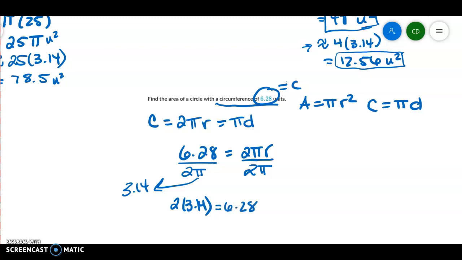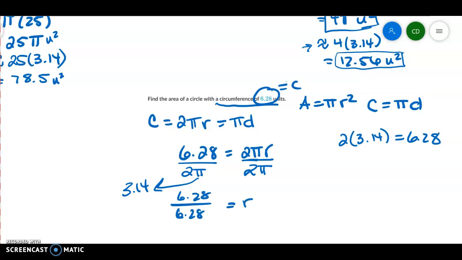And actually, I probably should be doing this work off to the side. So 2 times 3.14, which is 6.28. And then I'm going to do 6.28 divided by 6.28, which is 1.